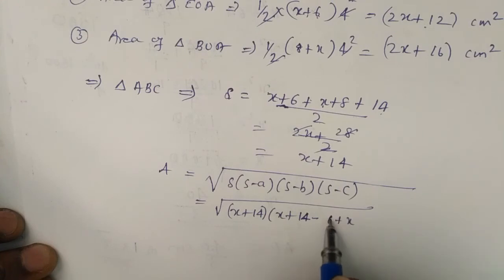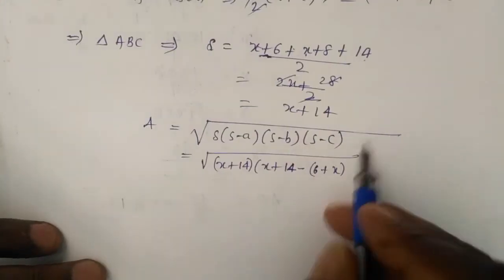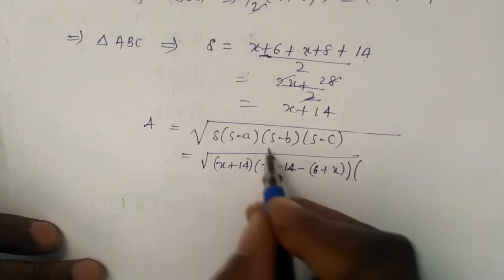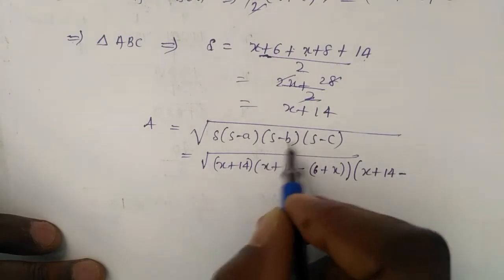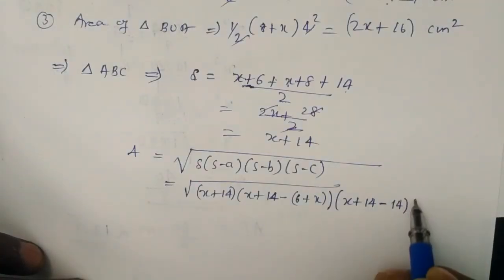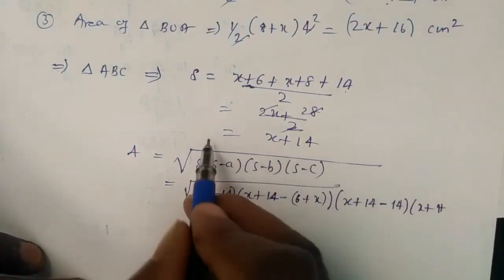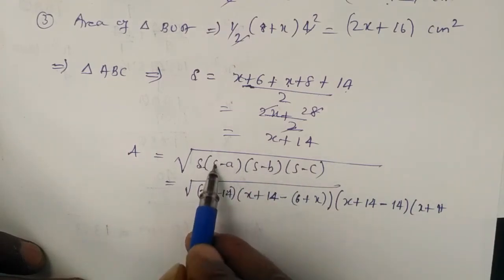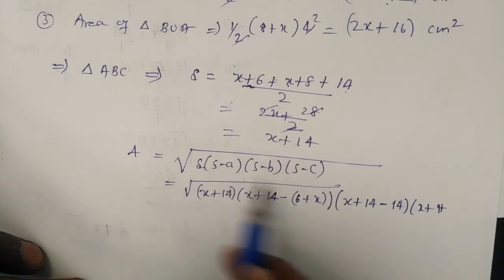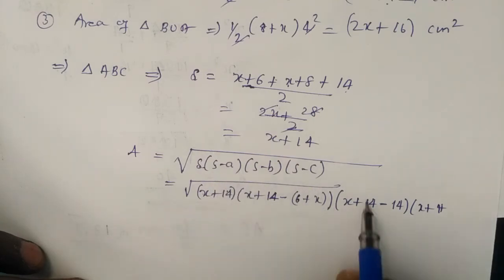We write it in a bracket. Next, s minus b is x plus 14 minus b. Which is b? The second side is 14. Again, s is x plus 14. Understand, s is x plus 14. Minus a, a is a binomial, so I wrote it in a bracket.